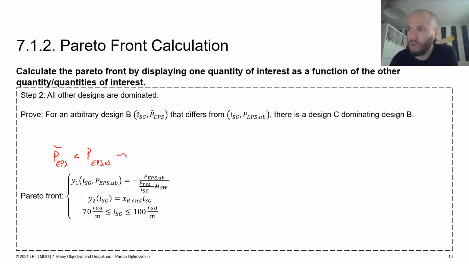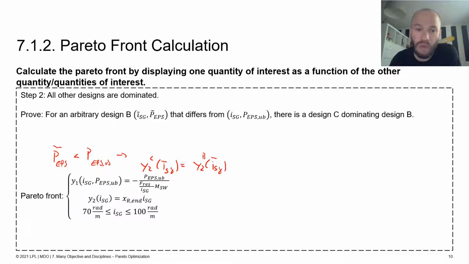And from that we conclude, as I said, we are comparing an arbitrary design. So for this arbitrary design, the second quantity C has the same gear ratio as the design B. So because it only depends on this quantity, it's of course equal, which is not violating the definition of dominating a design. So this is still okay.